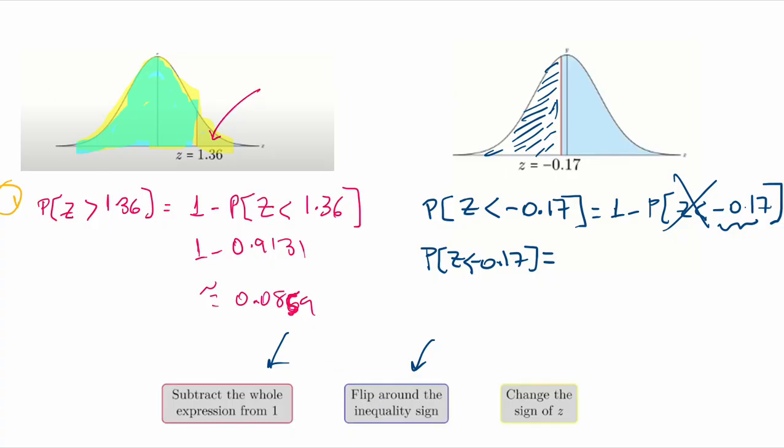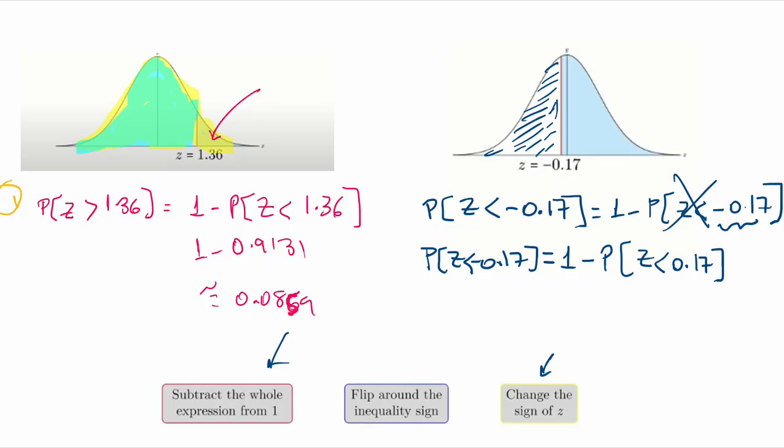But one of them that we could do, and this is interesting, is this. You could subtract the whole expression from 1 and change the sign of z. So you subtract the whole expression, and then you change the sign of z. Okay? This helps you. This will give you the number.